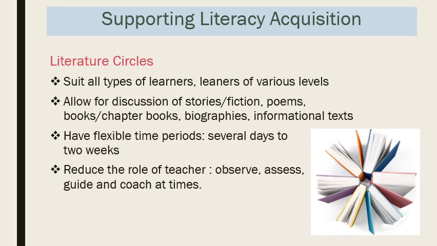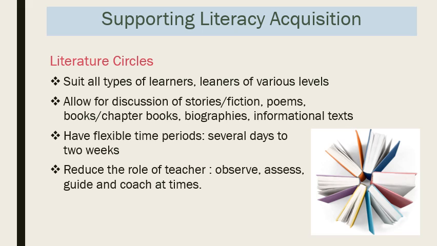So, more about them. A literature circle is something that all students can get involved in. I have assigned you a particular role for our experience, but a lot of times what you'll do is let students choose themselves which role they would like to take on. One of the roles has to do with summarizing things.